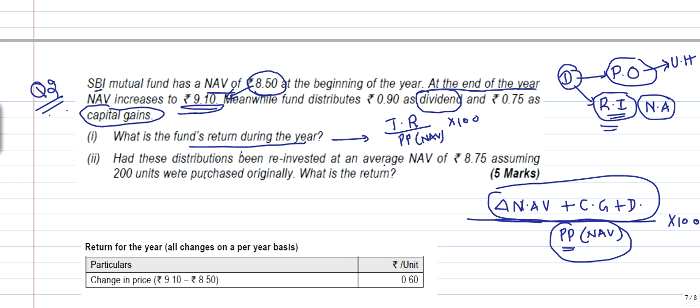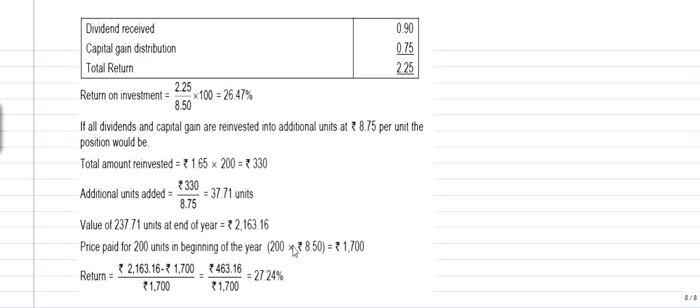So here the change in price, change in NAV, is an increase from 8.50 to 9.10, so it is a profit. If the opening NAV were 9.10 and closing NAV 8.50, then it would be minus, a loss.